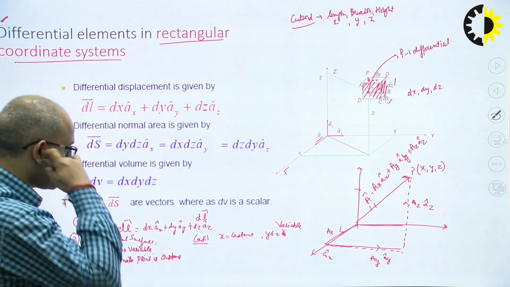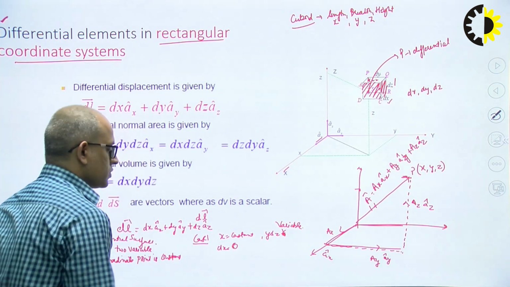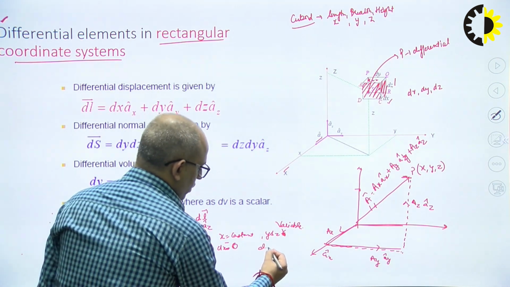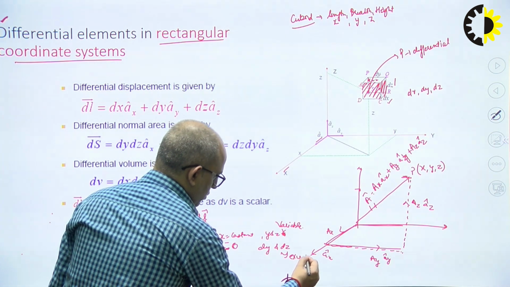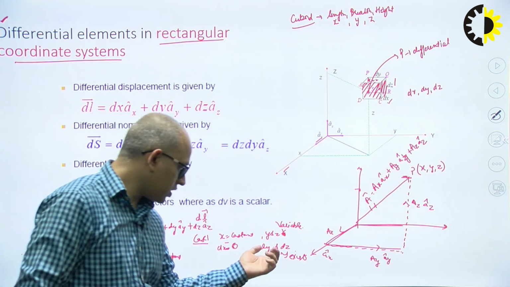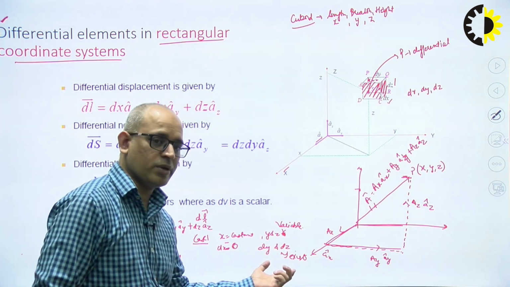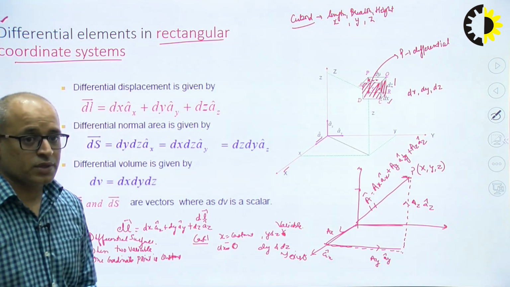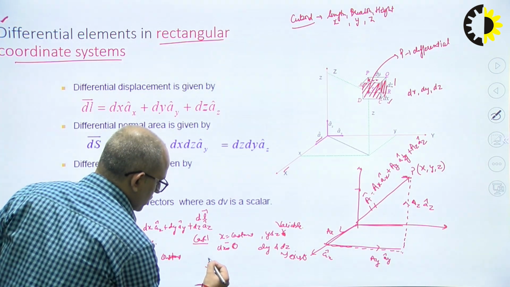it means dx will also be constant, will also be 0, and dy and dz will exist. Clear? A small differential length in the y axis and a small differential in the z axis will exist, but if x is constant, dx will be 0. In that case, a surface area will be formed.